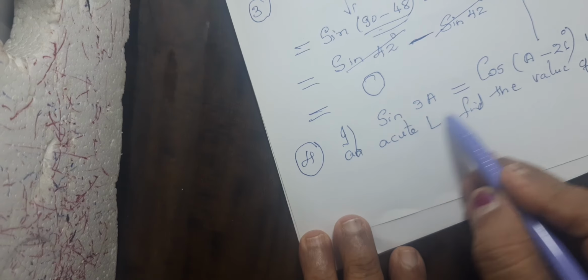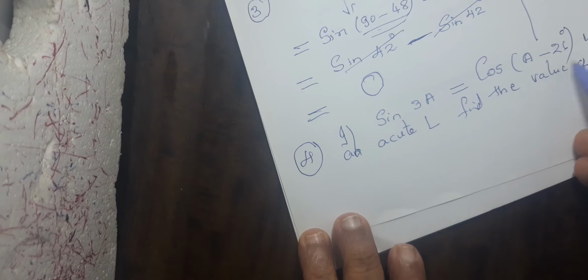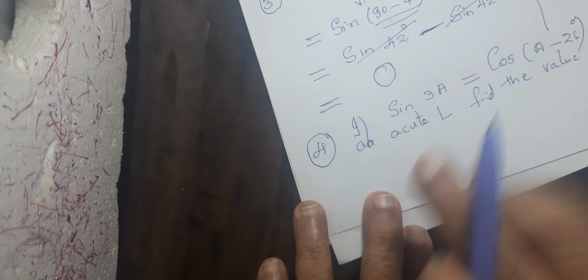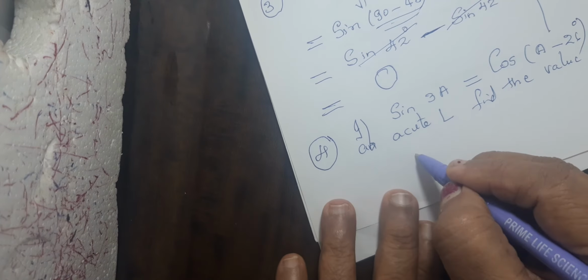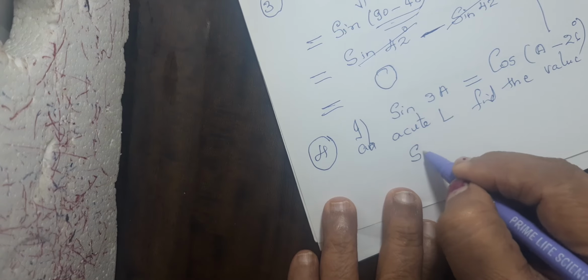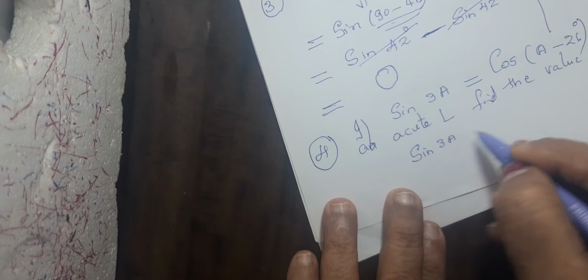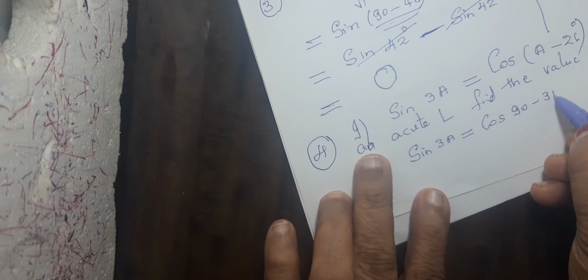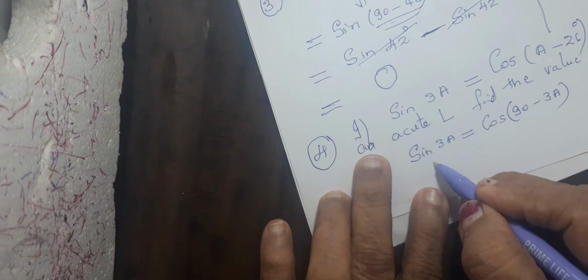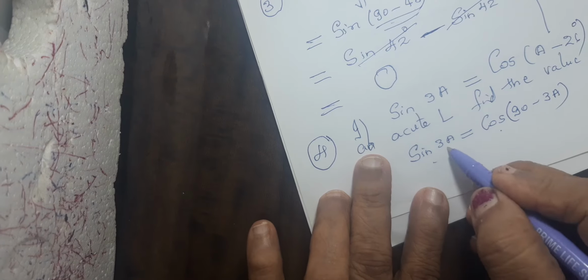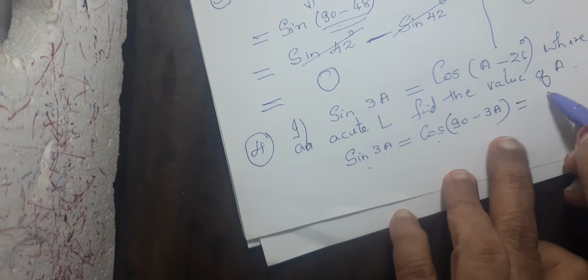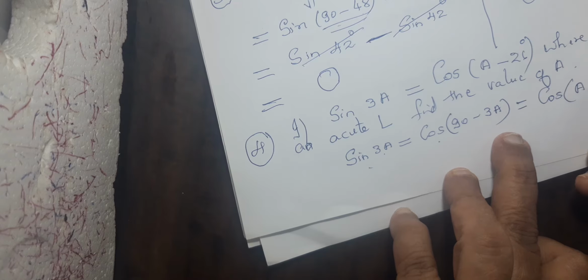Now if sine 3a is equal to cos of a minus 26, either this or this you have to change. Now I am going to change this. Sine 3a, I can write it as cos of 90 minus 3a. You know, sine has to be written as cos, and 3a must be written as 90 minus 3a. Now this is equal to cos of a minus 26 degrees.